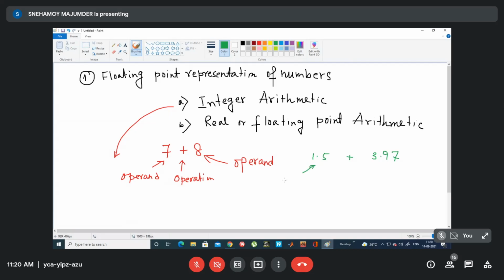These are also operands, and this is the operation. So the first comes under the purview of integer arithmetic, and the second comes under the purview of real or floating point arithmetic. Actually, integer arithmetic is only for counting.